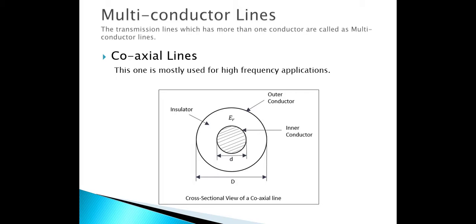The coaxial cable was first used in 1858, and in many applications we are using the same.